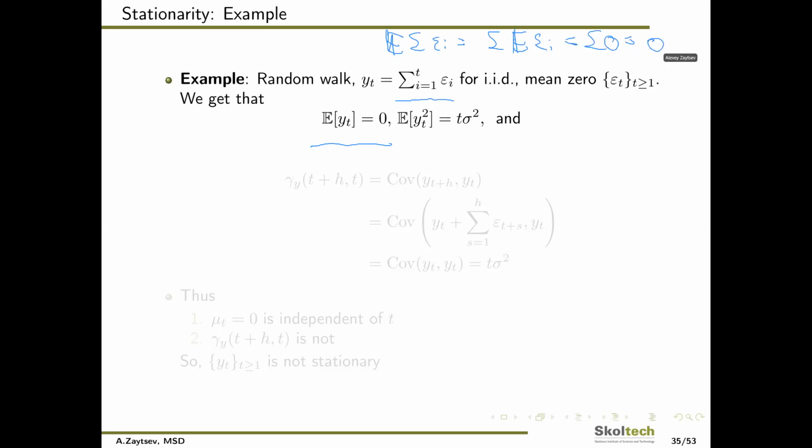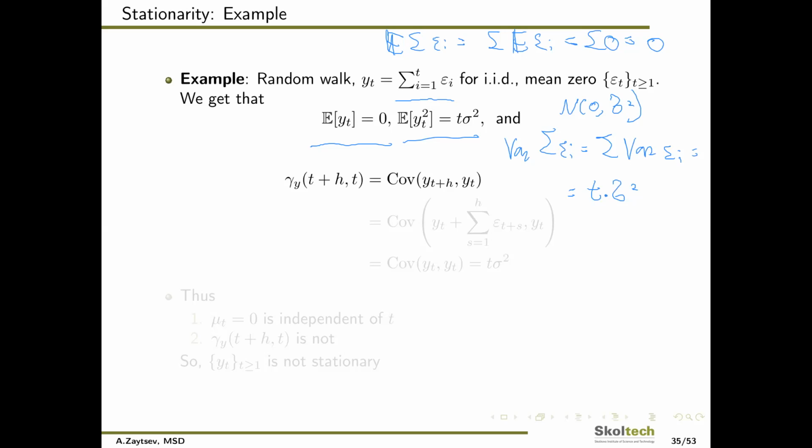For variance, as they are independent, the variance of a sum of independent variables is equal to the sum of variances of each of these guys. Each of them is from a Gaussian distribution of 0 mean and sigma squared variance. So we have t of them with equal variances, so t times sigma squared. So we have this type of variance here.